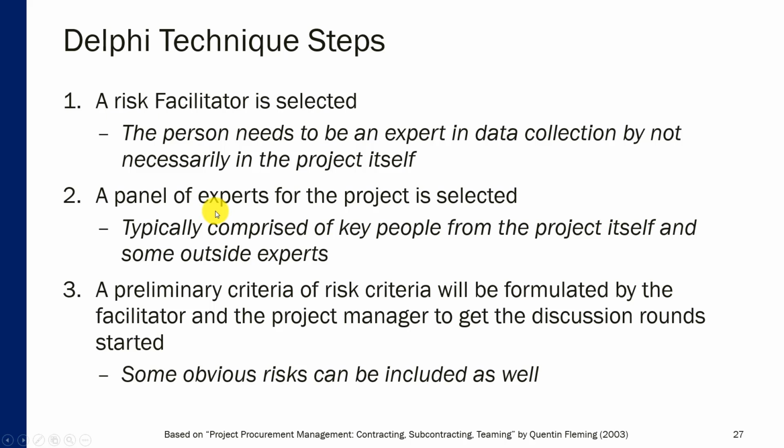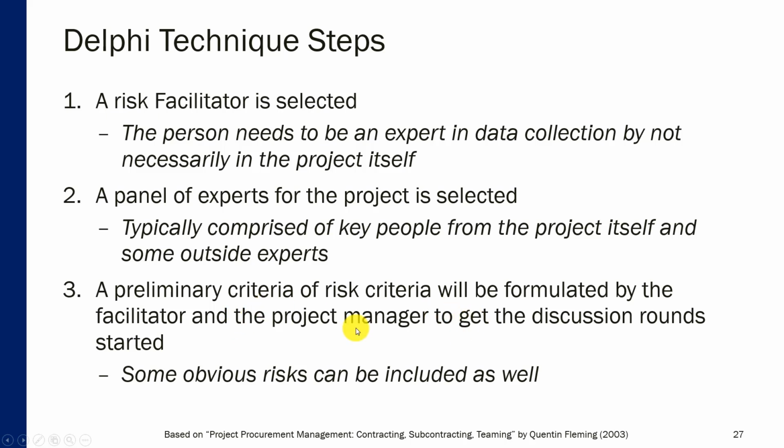Then a panel of experts for the project is selected. Typically, the team participating in a Delphi session is comprised of key people from the project itself and some outside experts, let's say experts in relation to a particular technology or risk management. A preliminary list of risk criteria will be formulated by the facilitator and the project manager to get the discussion round started.